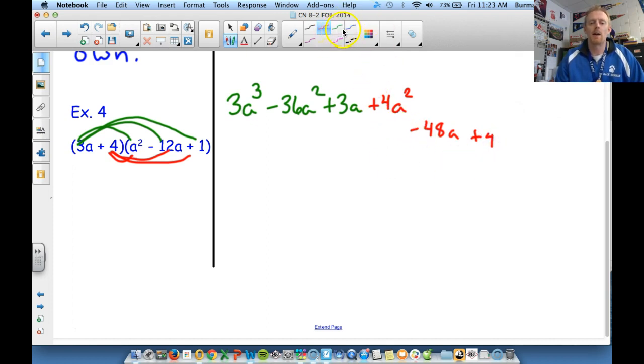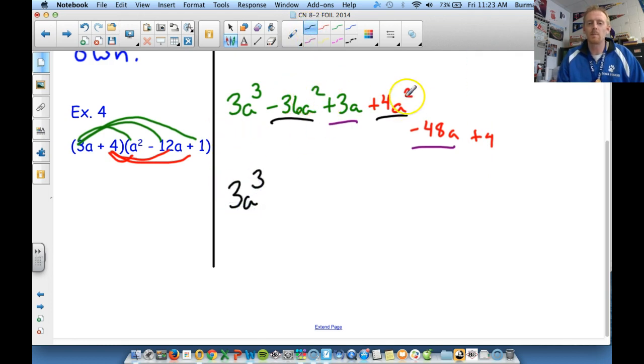Now when I combine my like terms here, you're going to see that I have an a squared and an a squared that I can put together. And I have a 3a and a regular a that I can put together. My a to the third and my constant of 4 don't have any partners to put together, so they just stay the way they are. So we have a 3a to the third.